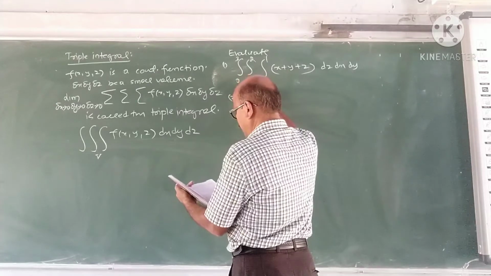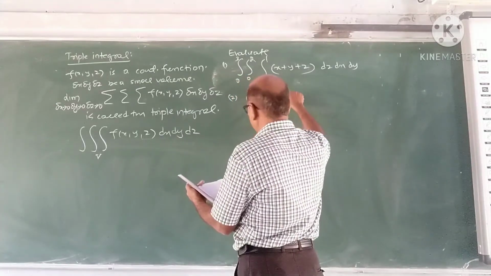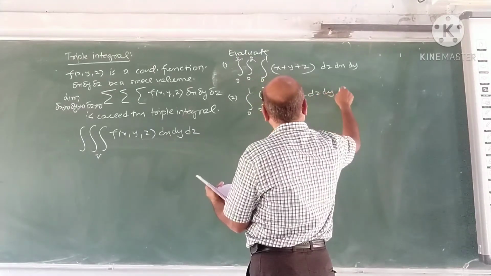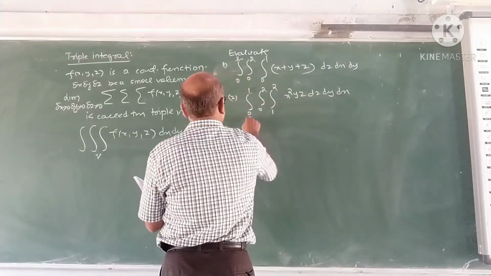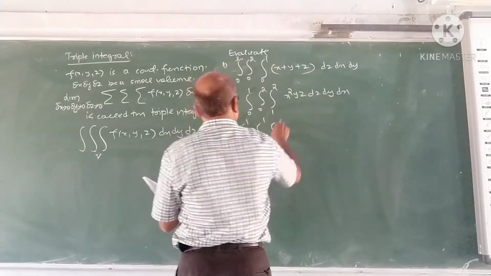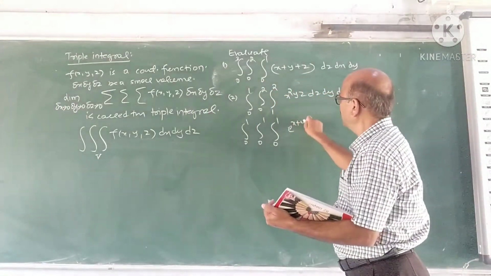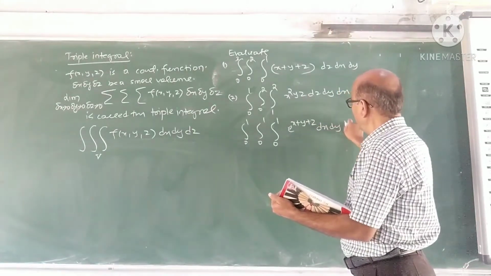Next: 0 to 1, 0 to 2, 1 to 2, triple integral of x square y z, dz, dy, dx. Next: 0 to 1, 0 to 1, 0 to 1, triple integral of e raised to x plus y plus z, dx, dy, dz.